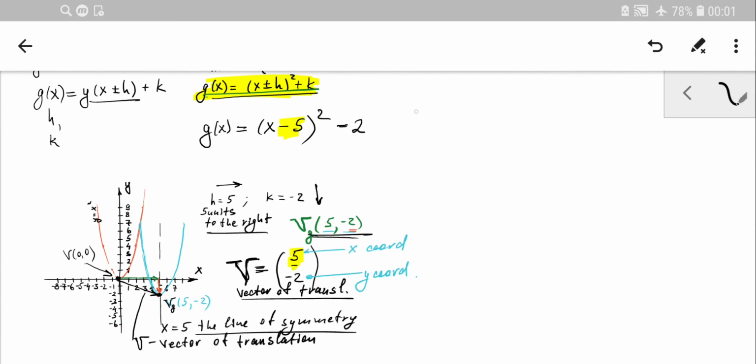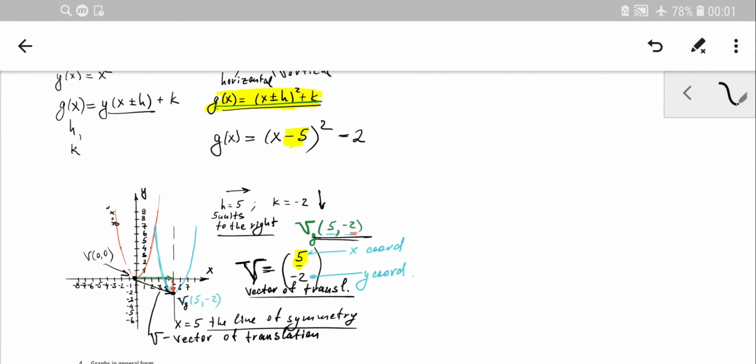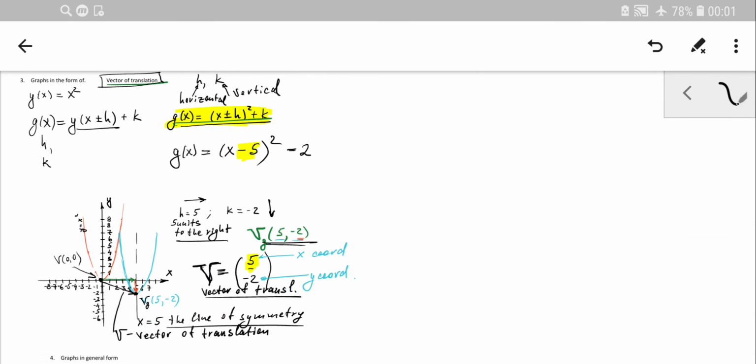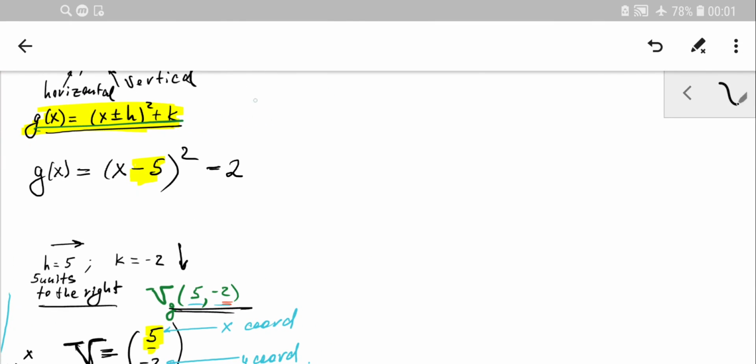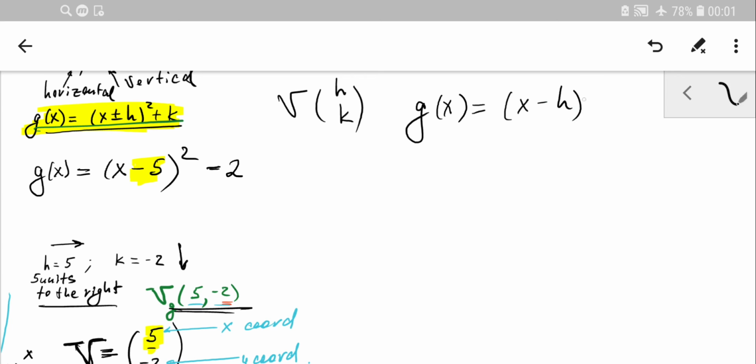So that's why the general form of the translation using a vector of translation will look like the following. If we have a vector translation with coordinates h and k, we simply can write the translated function in the following manner. We get (x - h), we square it, and add k.